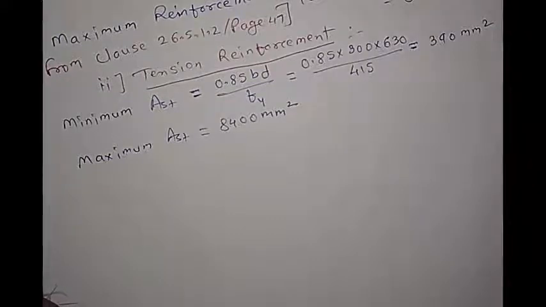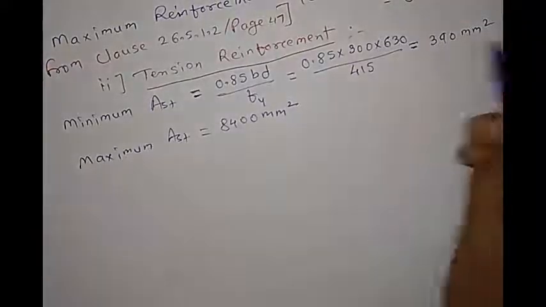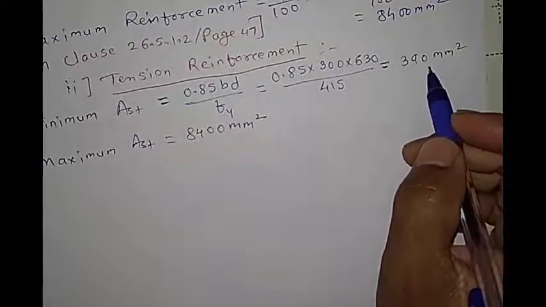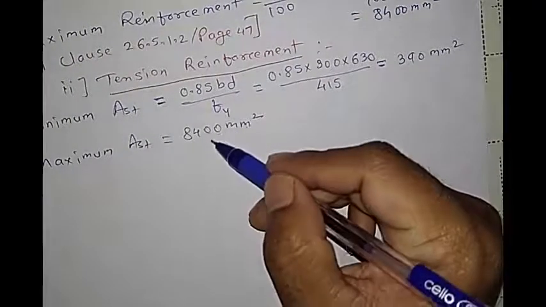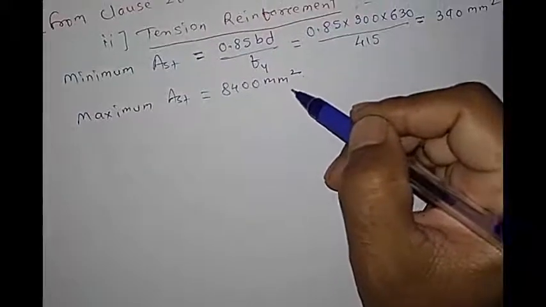Otherwise, if it is less than minimum, you need to provide minimum reinforcement, that is let us say 390 mm square, and you cannot provide more than 8400 mm square. So that is what the clause says.